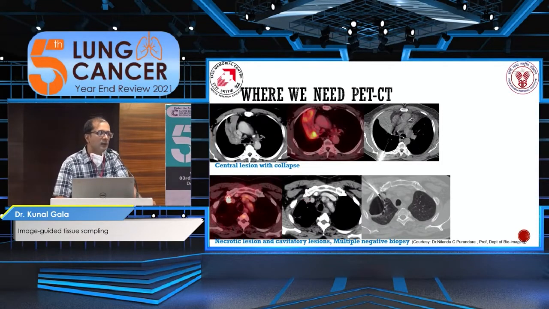So the answer is, when there are repeated negative biopsies, you can do a PET CT so as to confirm the lesion, and to know where you need to target accurately. So this was the patient which had a central hilar lesion along with collapse of the lung. You can enter via the collapsed lung or posteriorly. It depends upon your comfort level.